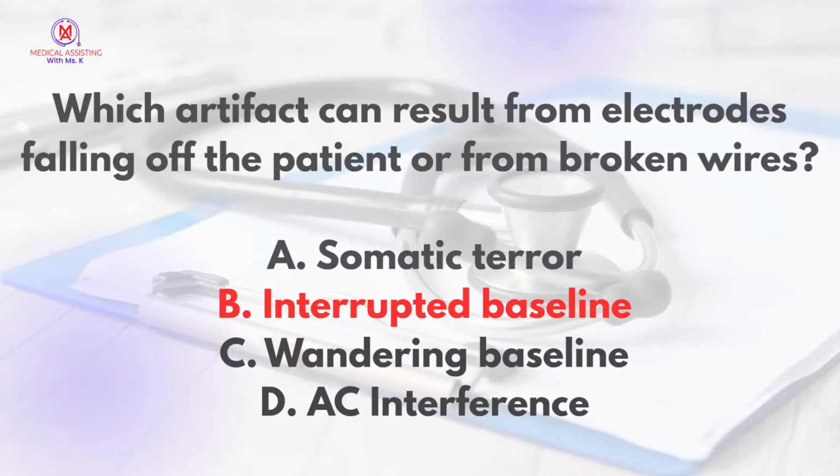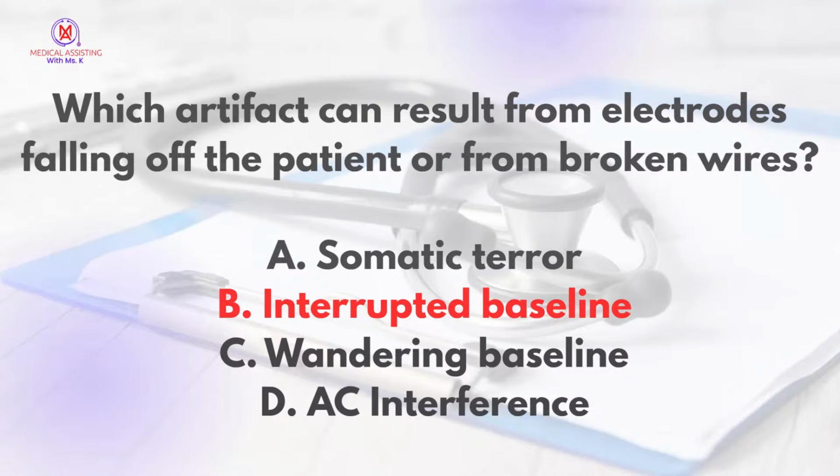It may be described like it is in this question here. It may say, which artifact is the cause of electrodes falling off, or the wires being broken, and that's going to be an interrupted baseline. So somatic tremor, that's going to be, and you know what?